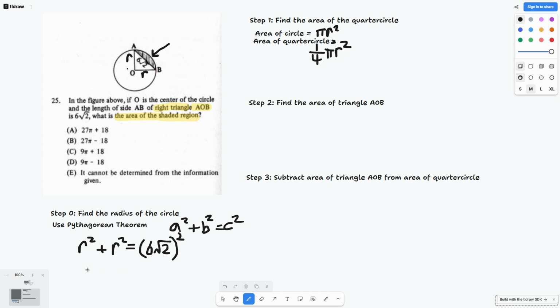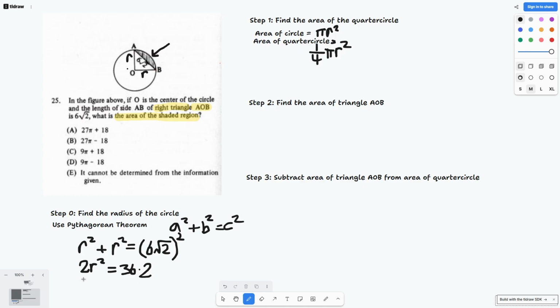On the left side, r squared plus r squared is going to simplify to 2r squared. And then 6 square root of 2 squared is the same as 6 squared times the square root of 2 squared. 6 squared is 36. Square root of 2 squared is 2.